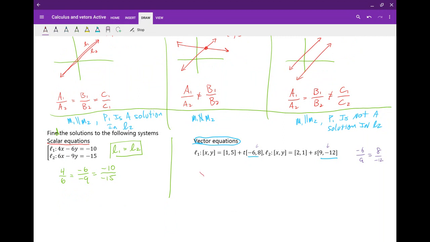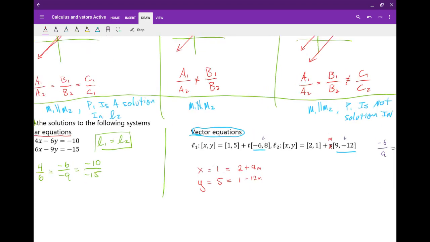So x and y equals (1, 5), which equals 2 plus 9s, and then 1 minus 12s. You know what, I don't like that s, so I'm going to change it to an m because it looks like a 5. I'm going to change both to m.